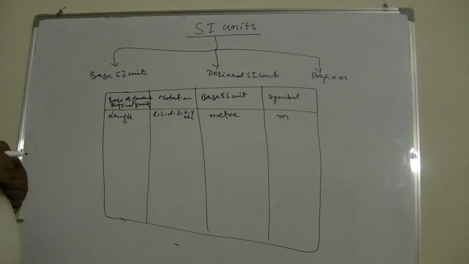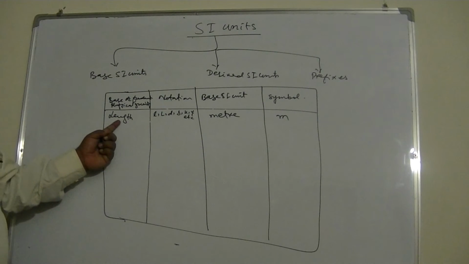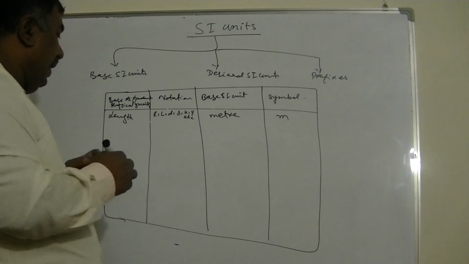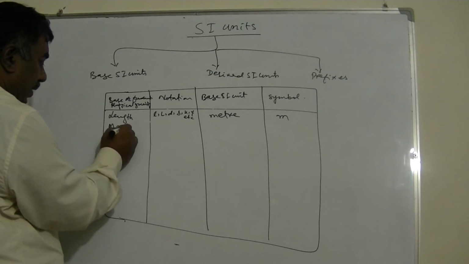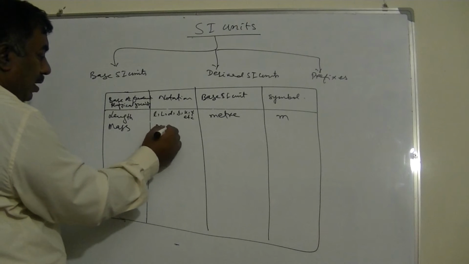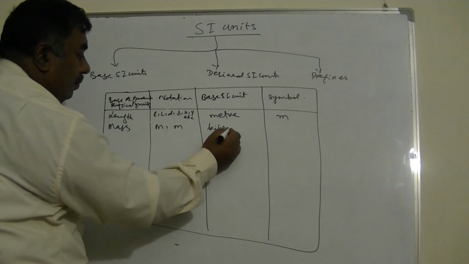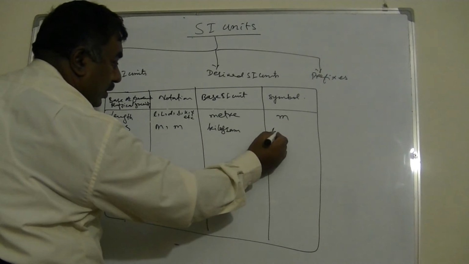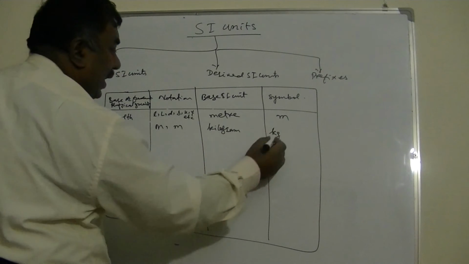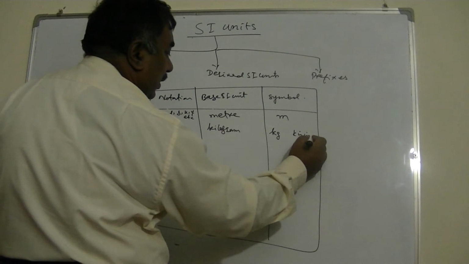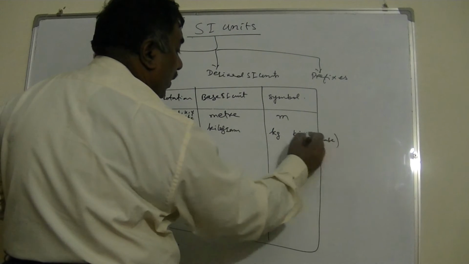So the first fundamental quantity is length, its unit is metre, and its symbol is m. Then the mass of the body, M, its unit is kilogram, and its symbol is kg. Here k is in lowercase. Keep in mind, k is in lowercase.